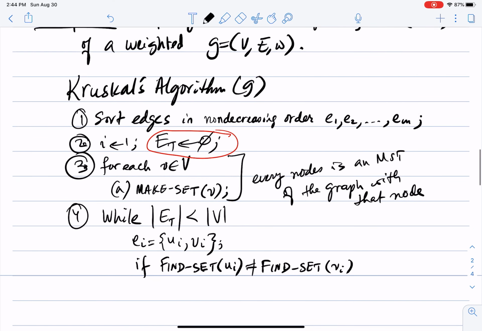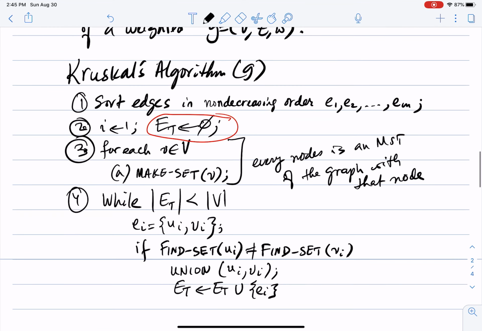Now we can take the union of UI and VI. We know that if UI and VI were in different sets, it means that adding the edge between them to the minimum spanning tree is not going to create a cycle. So we take the union of these two and we can add that edge, we can do E sub t union this EI. This is really Kruskal's algorithm for finding the minimum spanning tree.